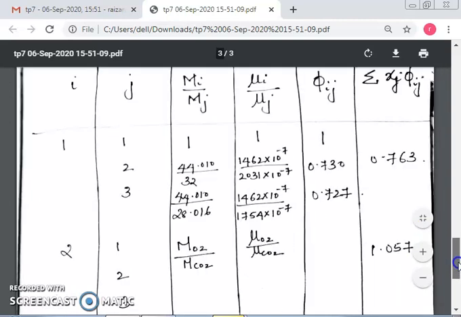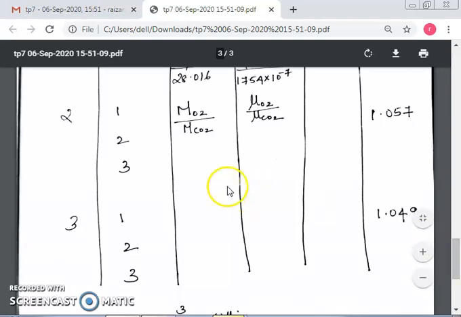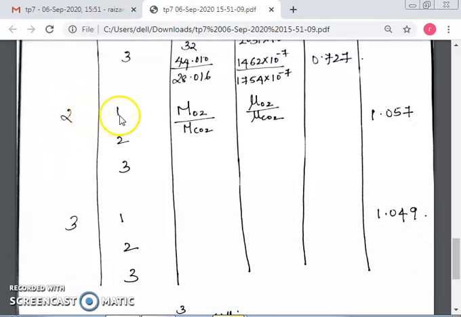So, in a similar way, you find out the values for species 2. This species 2 will be having a relation with each of the 3 species, that is with species 1, 2 and 3. So, you find out the ratio Mi by Mj. Here i corresponds to oxygen and here j corresponds to carbon dioxide.